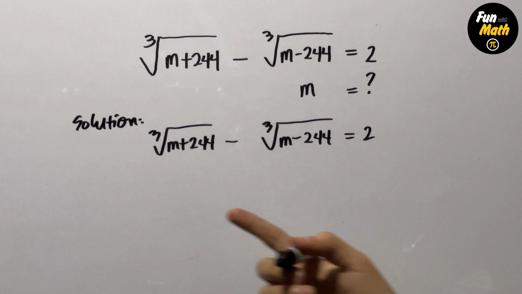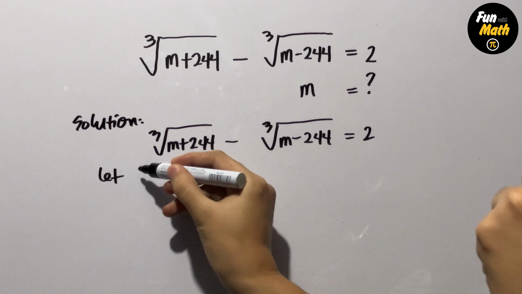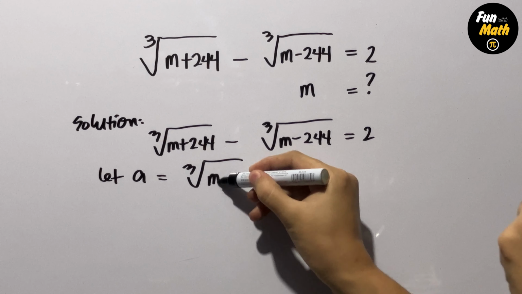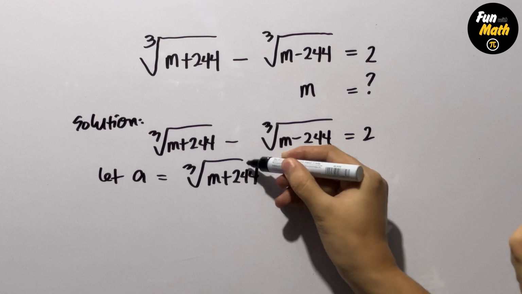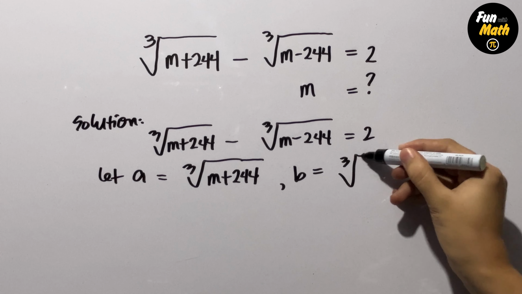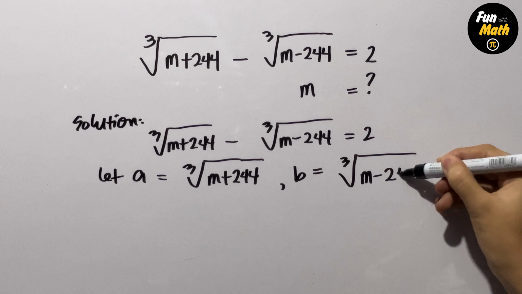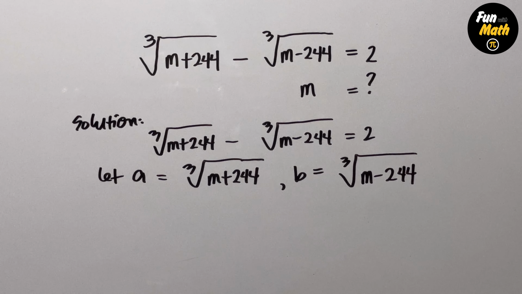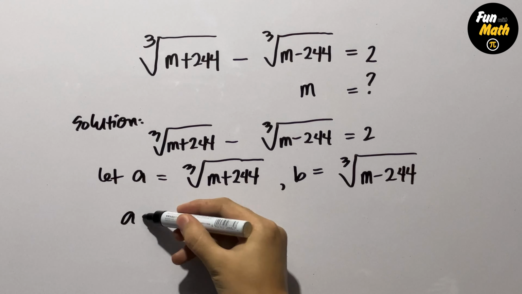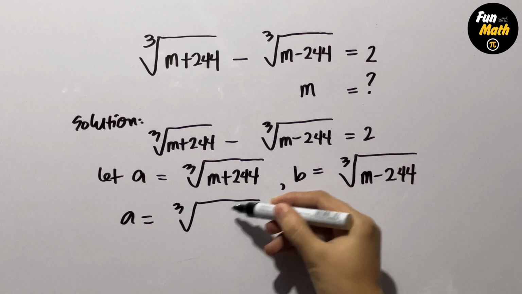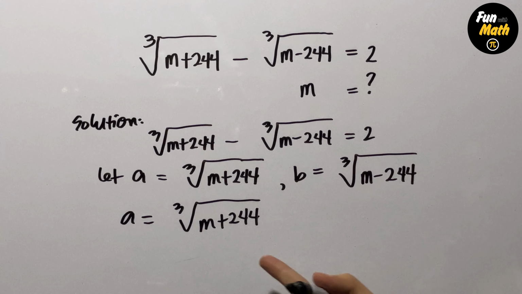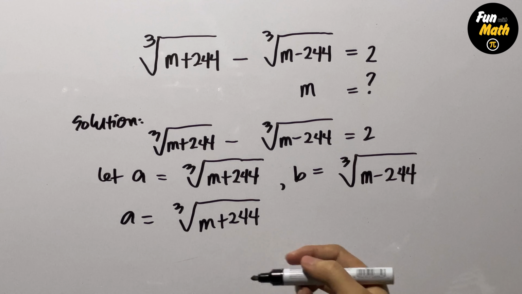Now next is, we can let a be equal to cube root of m plus 244 and b is equal to cube root of m minus 244. Now for a, let's write down a is equal to cube root of m plus 244. We can insert a power of 3 both sides.